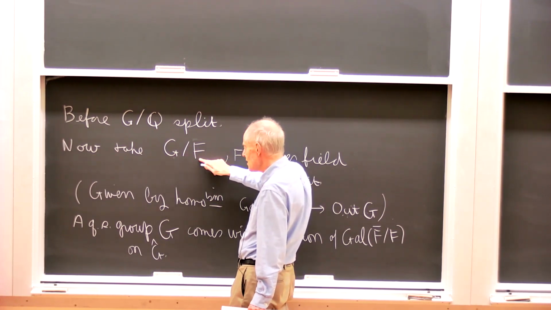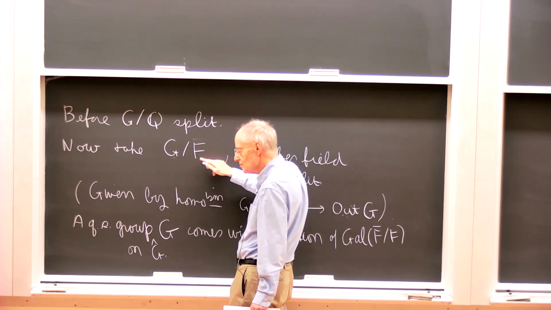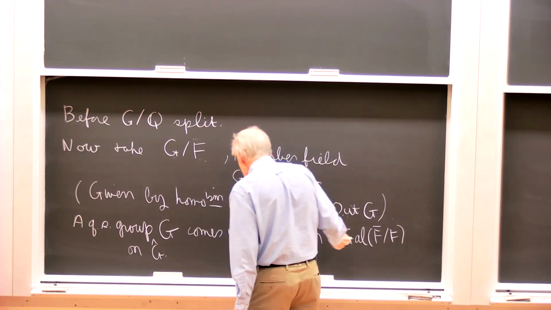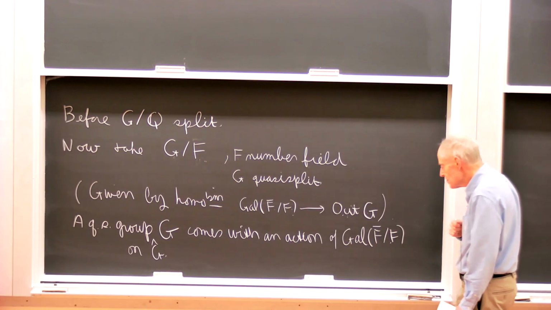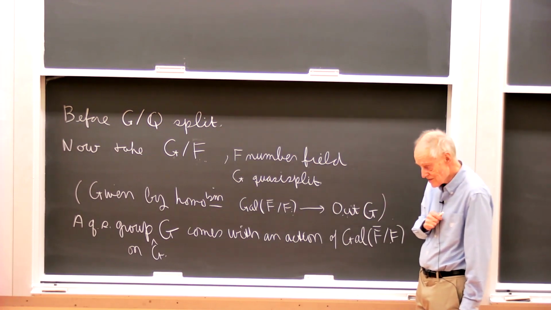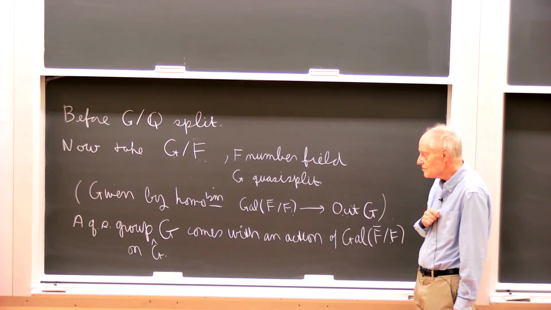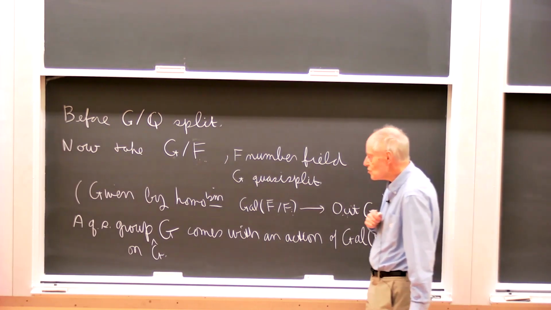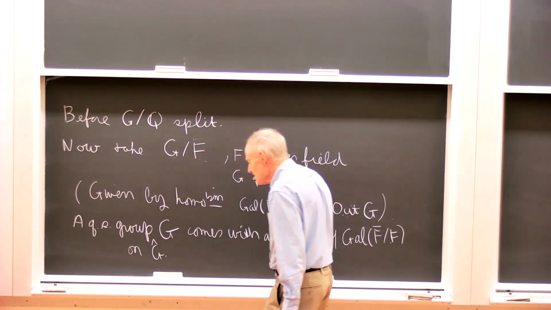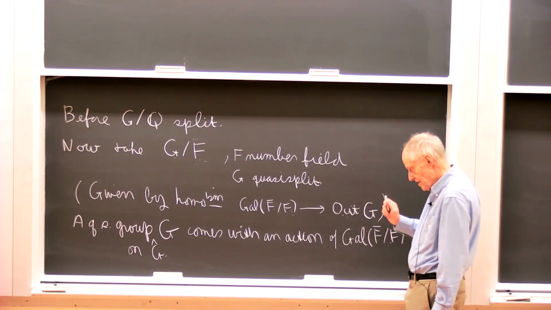You take the one that's given to you canonically as a Chevalley group and you twist it, composing it with this homomorphism of the Galois group into the group of outer automorphisms. That gives you a new Galois action on the group of points in G(F bar), and its group of fixed points is the group of F points, the quasi-split group. That's how you construct it.